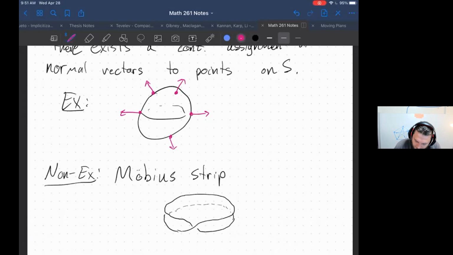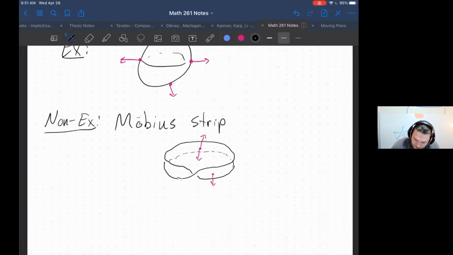The idea is that if you were to follow your pencil around this thing, if you start on the inside here and follow it all the way around, once you get to this twist, you are now on the outside. And so if you were to continue to follow back around to this point over here, the original one we started with, you would get back a normal direction that is outside. And this is bad. This is non-orientable. You have a normal direction inside, which is also outside, and that's no good.